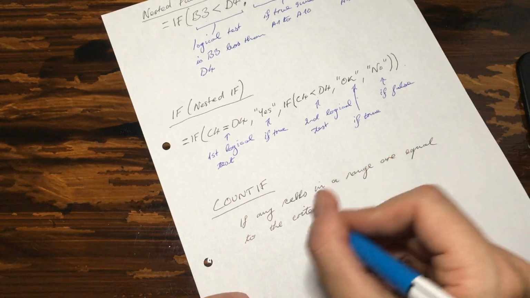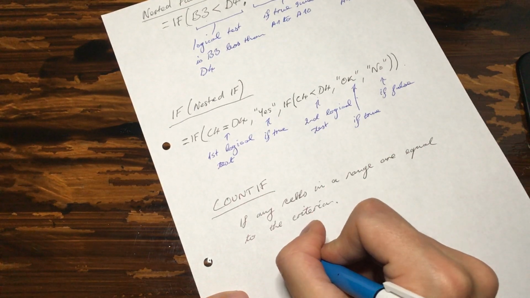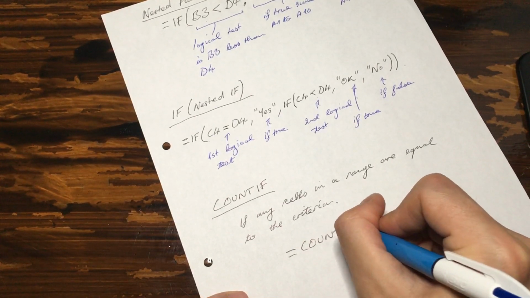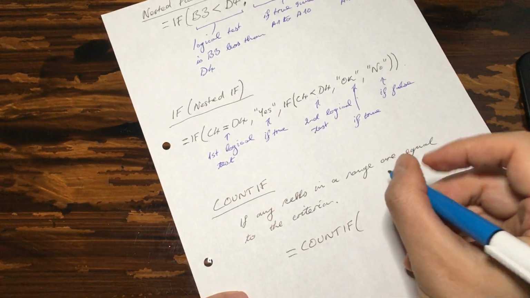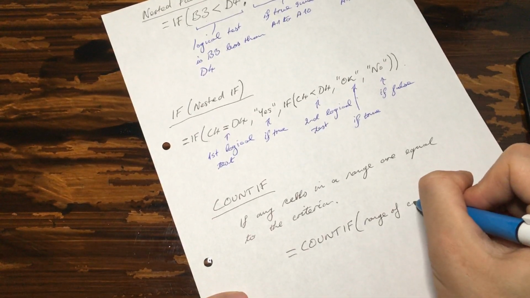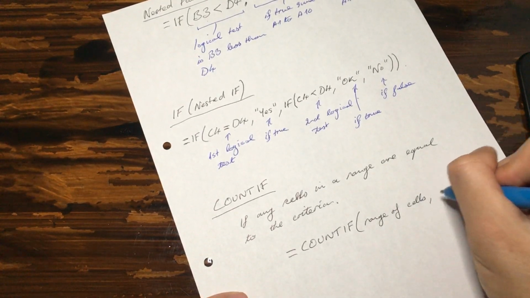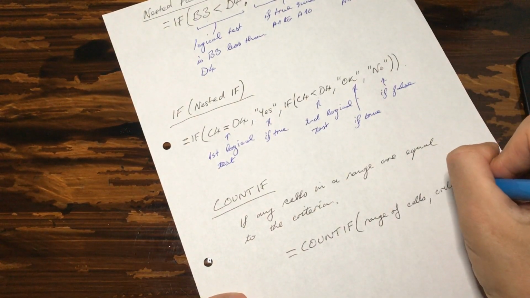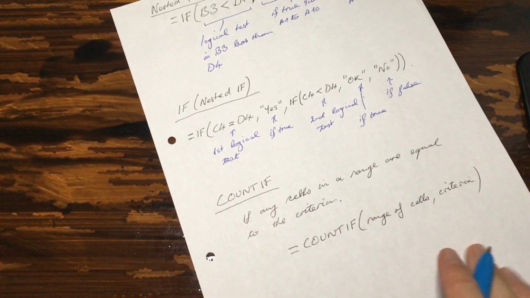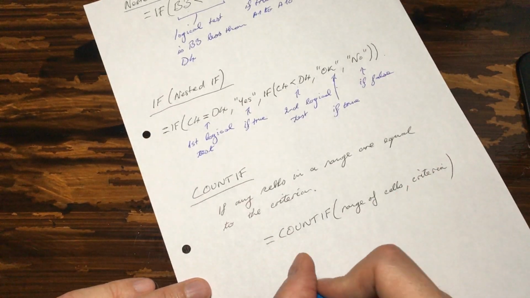Sorry, I was just looking for it. Equals COUNTIF, and we'll just write in here range of cells, comma, criteria. Okay, so that's how it looks, and here's an example.